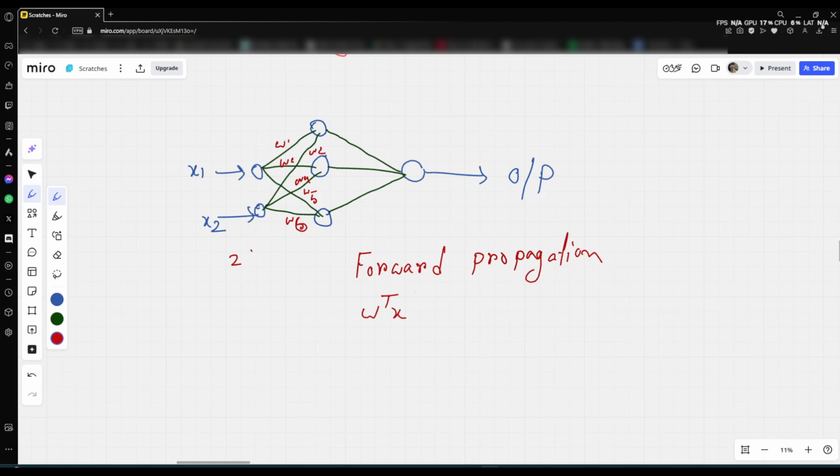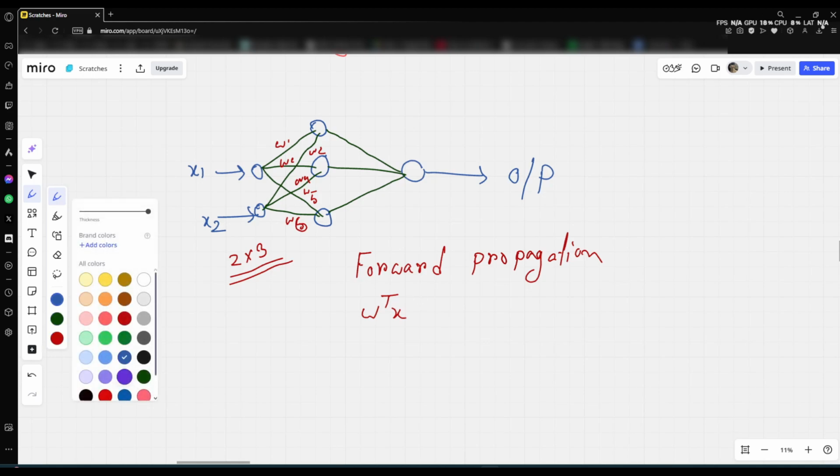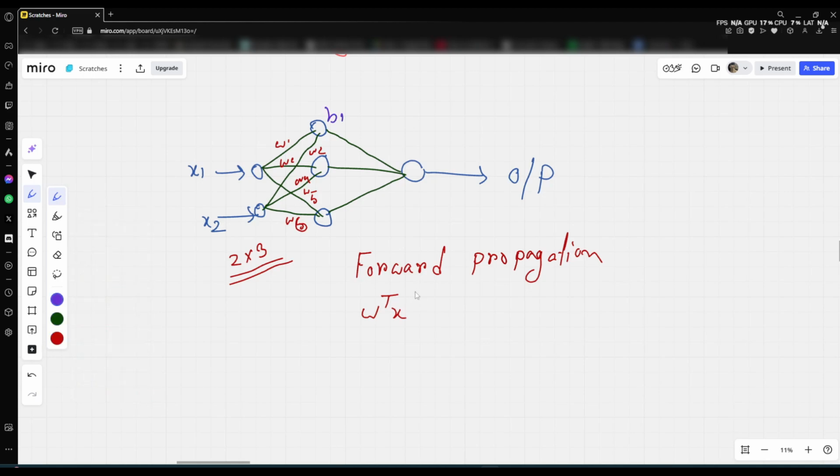So it's basically 2 into 3, a form of matrix. And here these are our biases, b1, b2, b3. It gets added later, similar to the mx plus c formula.